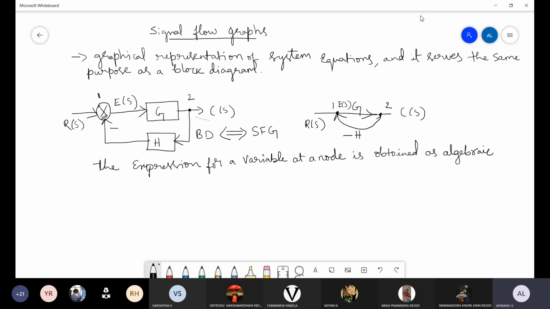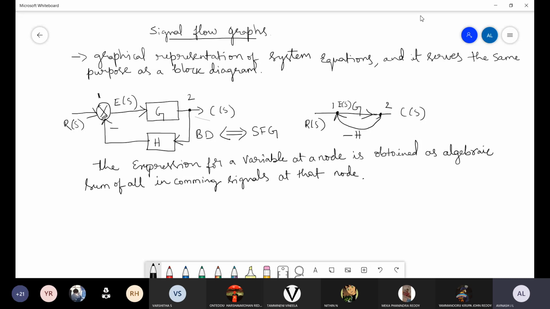That is why: the expression for a variable at a node is obtained as the algebraic sum of all incoming signals at that node.